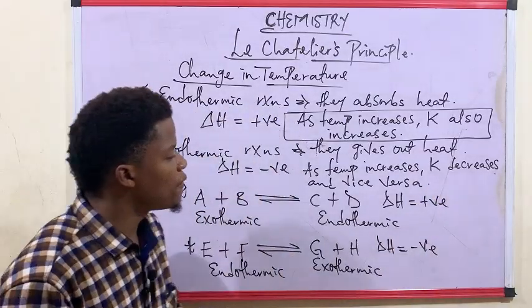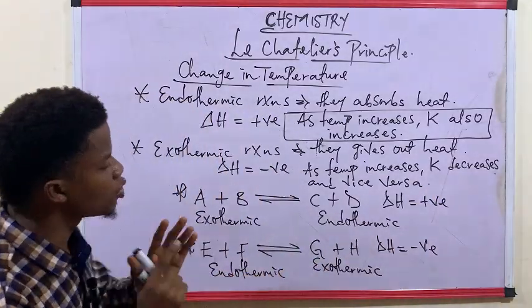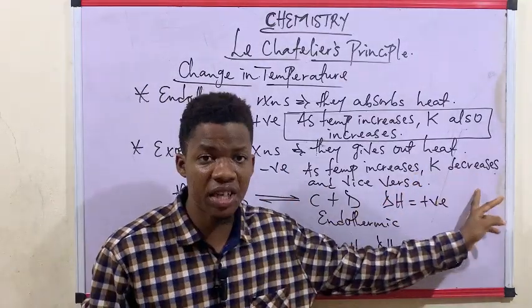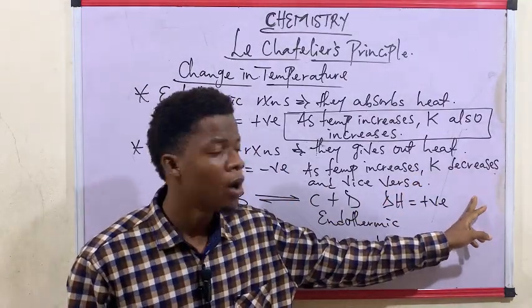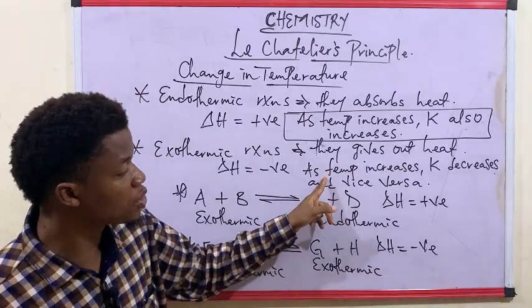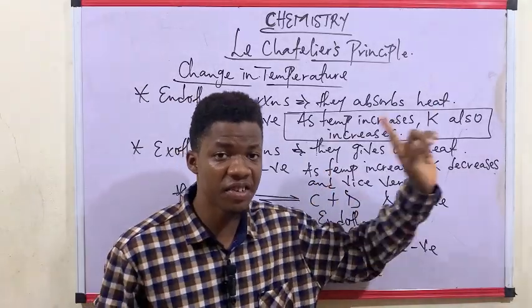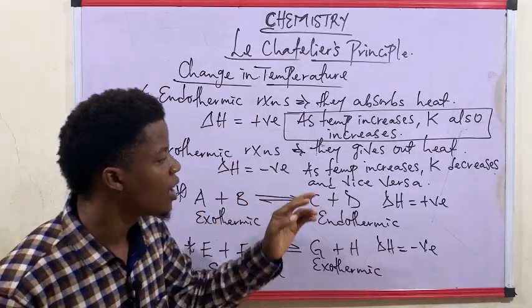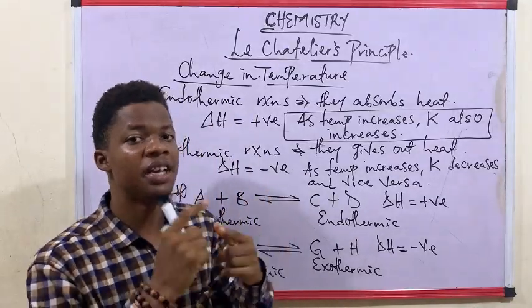Now, what do I mean by vice versa here? For exothermic reaction, if you increase the temperature, K will decrease. But if you decrease the temperature, K will increase. So for exothermic, as you increase the temperature, K decreases.